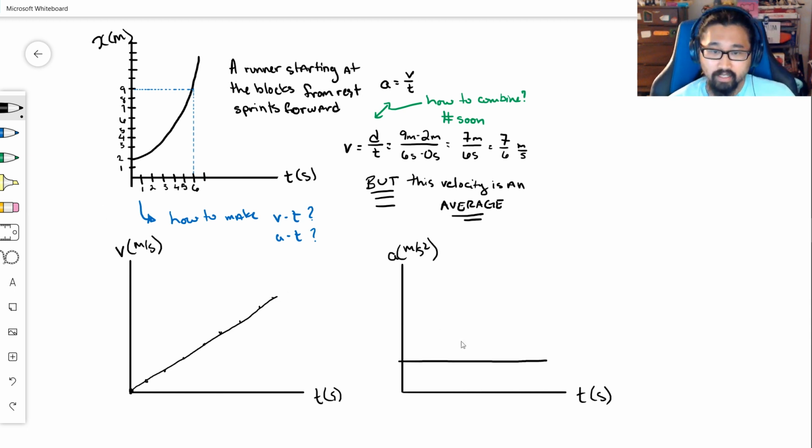It's the same acceleration throughout. Our runner is accelerating at a constant pace, which means their velocity is constantly increasing, which means the amount of distance that they cover is definitely increasing.